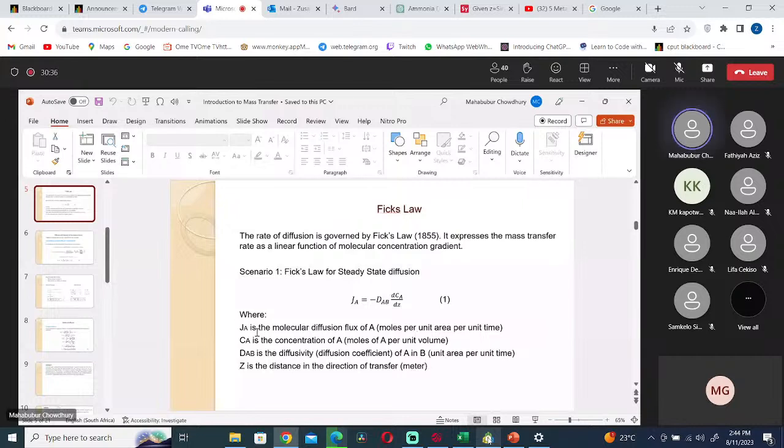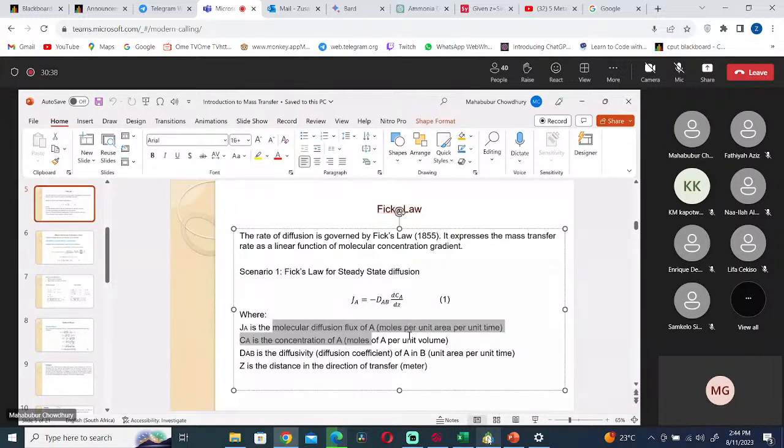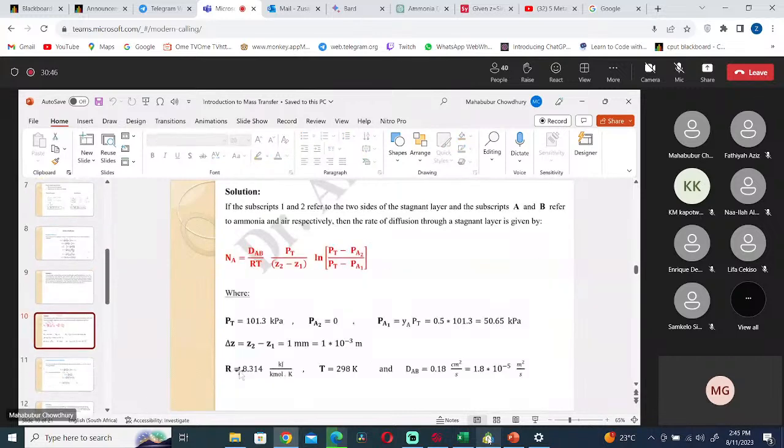So the molecular diffusion flux, you see, is moles per unit area per unit time. That is supposed to be your unit. So the unit that I get will be kilomoles per meter square second. Are you with me?